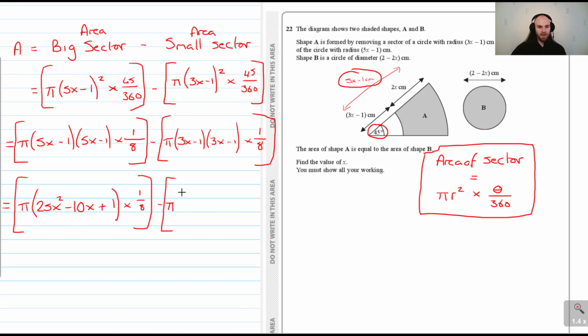Then pi, 3x by 3x is 9x squared. 3x times minus 1 is minus 3x, minus 1 times 3x is minus 3x, so that's minus 6x. Again, minus 1 by minus 1 is plus 1. And that's all multiplied by 1 over 8.